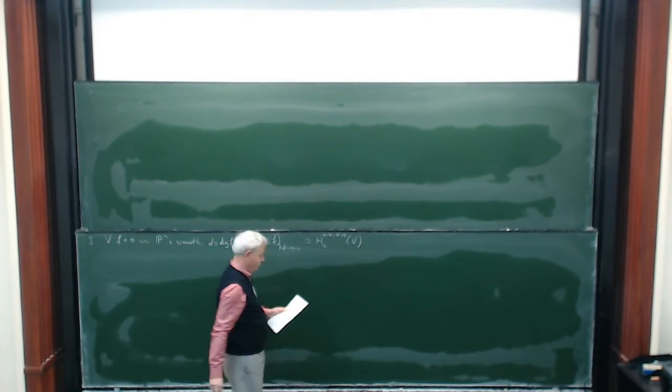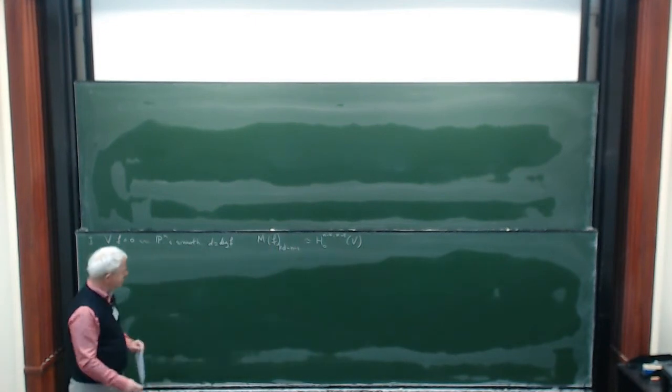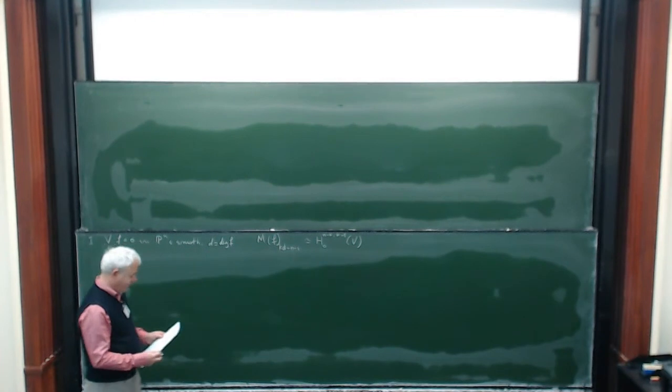And this zero just meant we look at primitive cohomology.